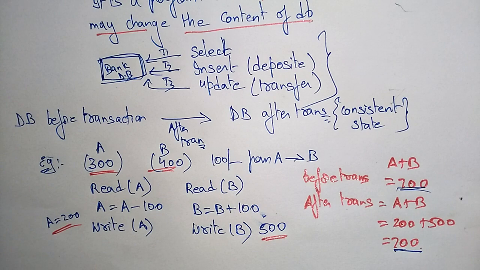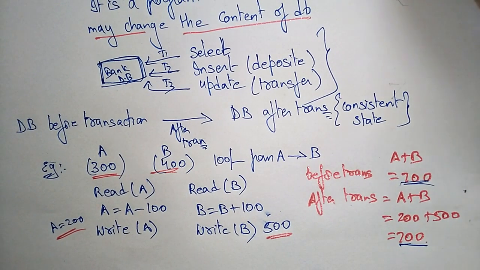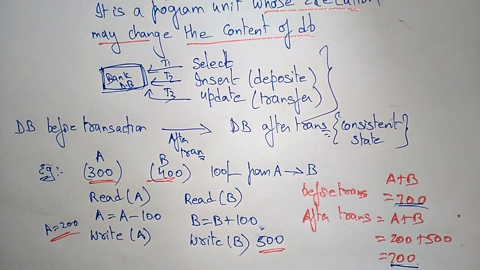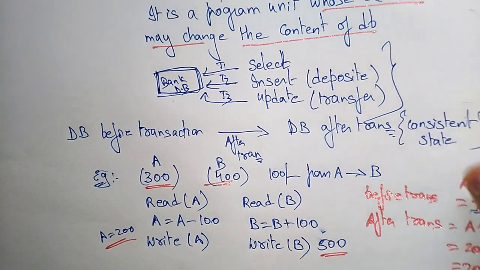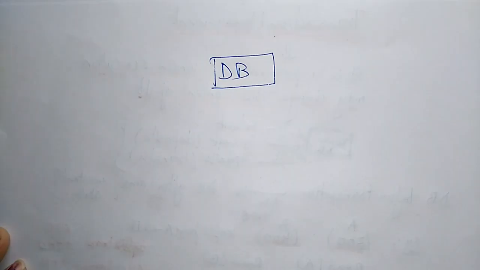To make the database consistent, we use some properties on transactions. Whatever database you create is always in a consistent, correct state to begin with.